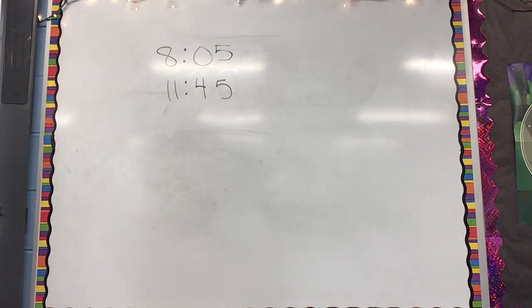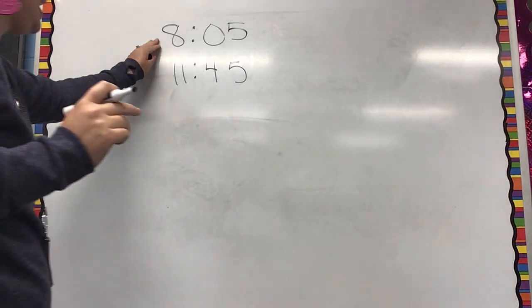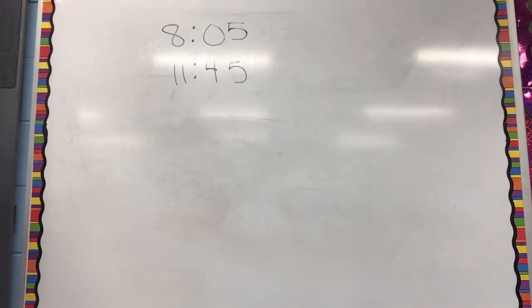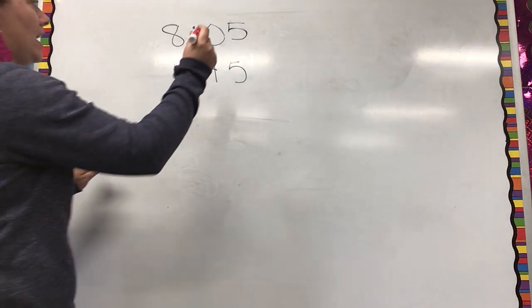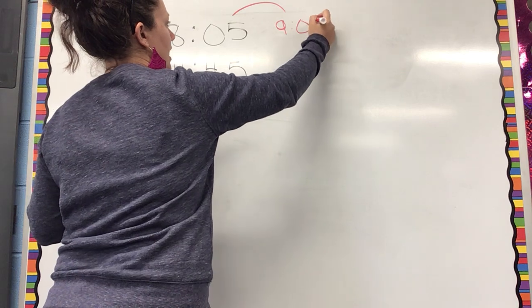And ladies and gentlemen, how I do this, again, I separate my hours and my minutes, okay? So from 8:05, I'm going to count up. 1 hour puts me at 9:05.